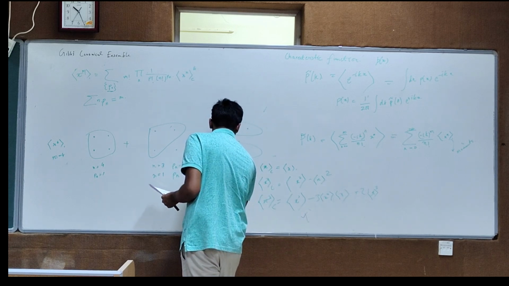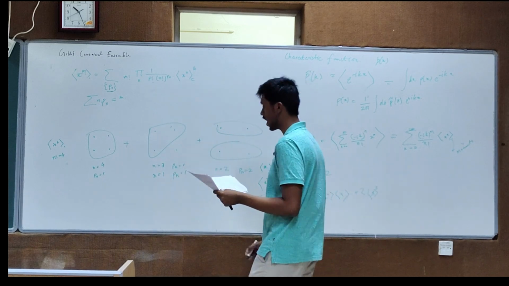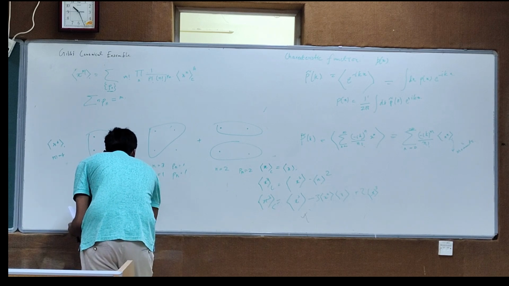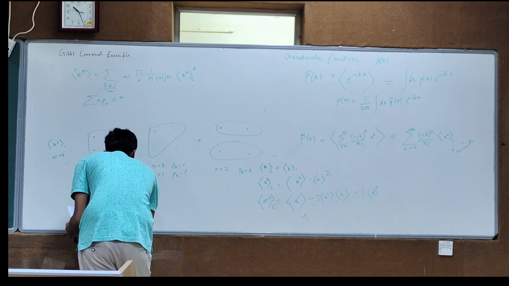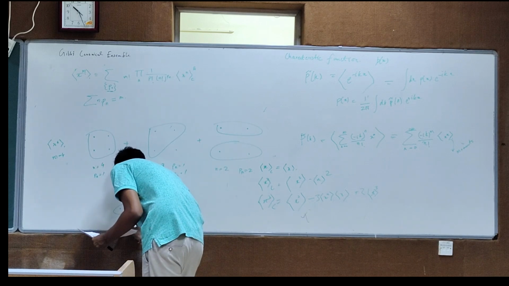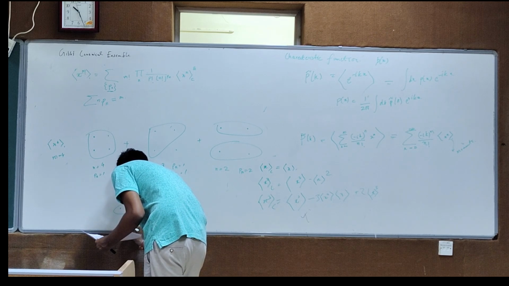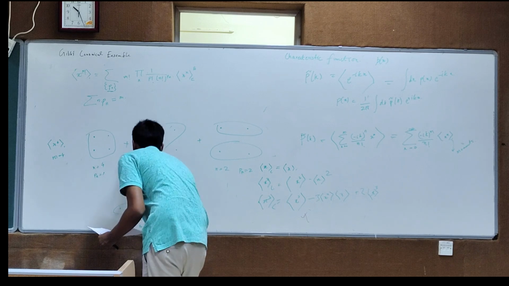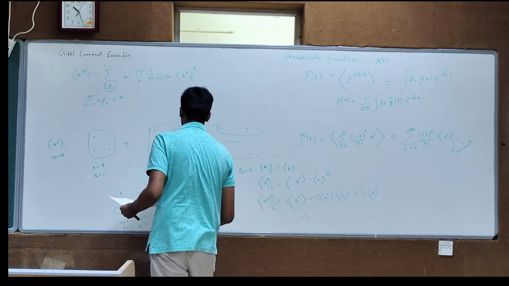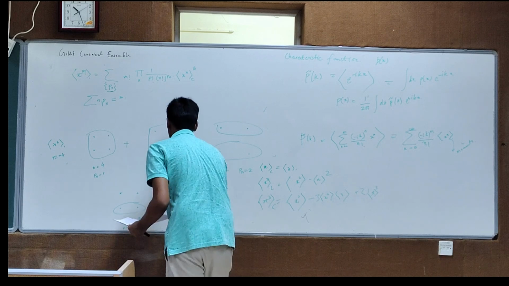This has n equal to 2, and there are 2 clusters. And you have two more terms. You have 2 clusters of n equal to 1 and n equals 2, p_n equals 1. And last you have 4 clusters of size 1, so that's n equals 1, p_n equals 4.